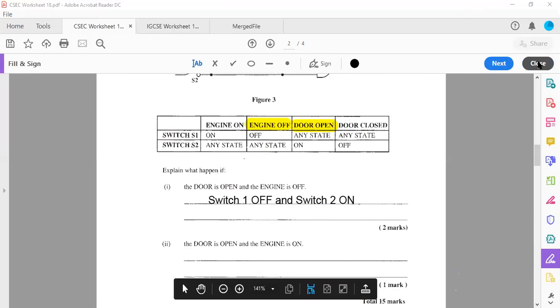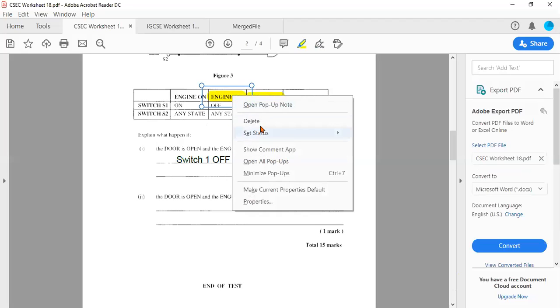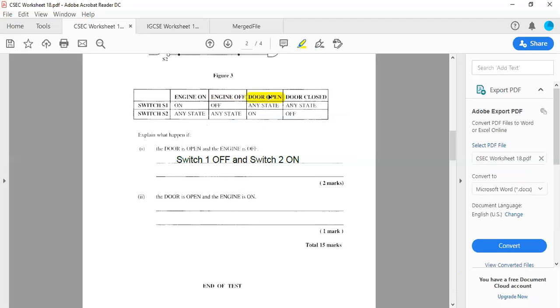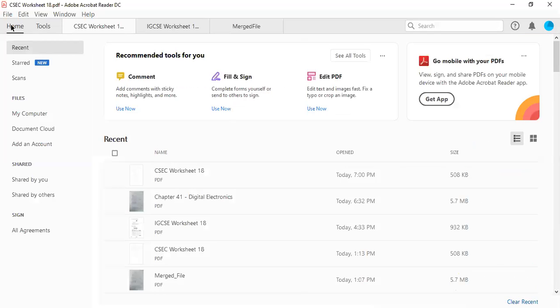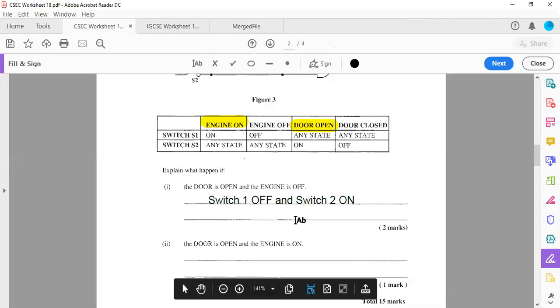So we're gonna remove this one here. Delete that. So your door is open and the engine is on now. Good. So we're going with engine on and door is open.